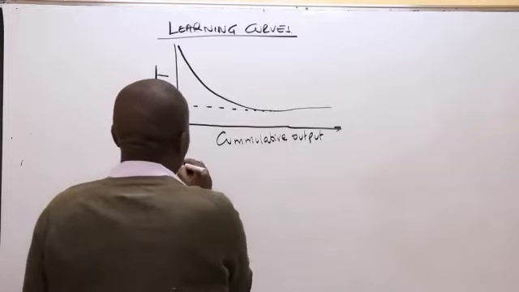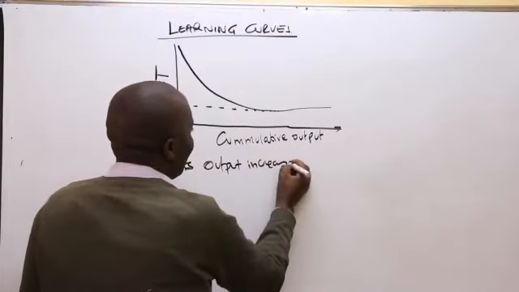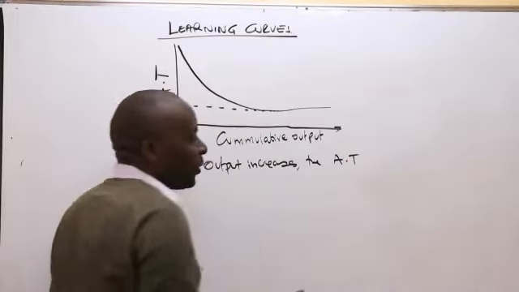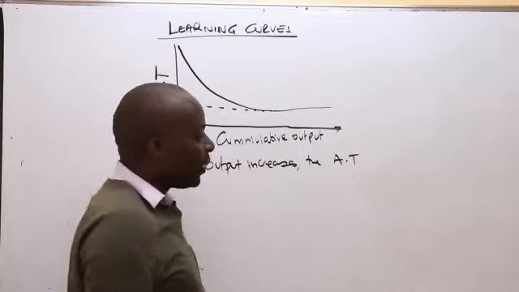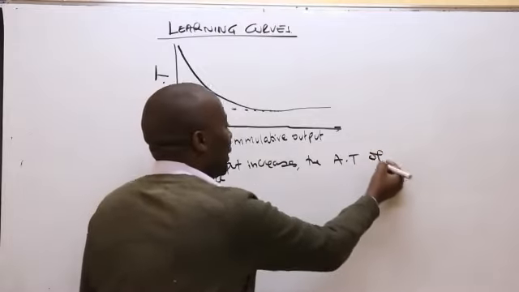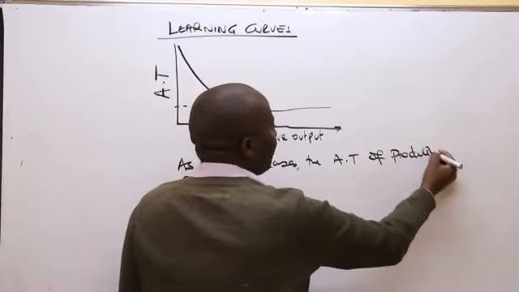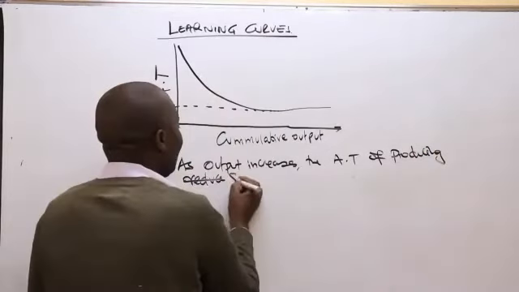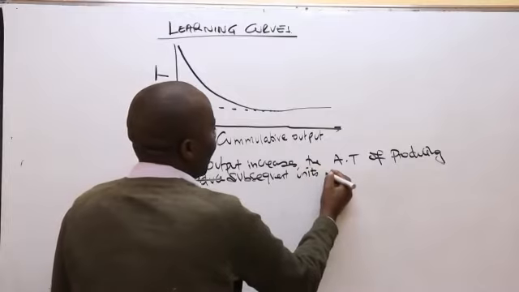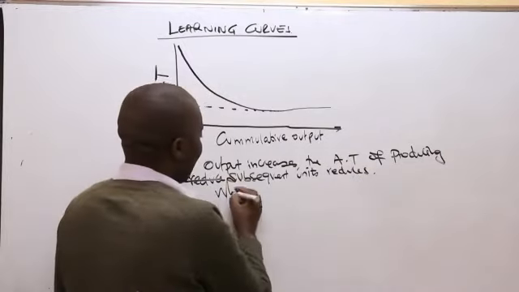So you're saying that as cumulative output increases, the average time, which is time per unit, reduces. The average time of producing subsequent units reduces. Why?